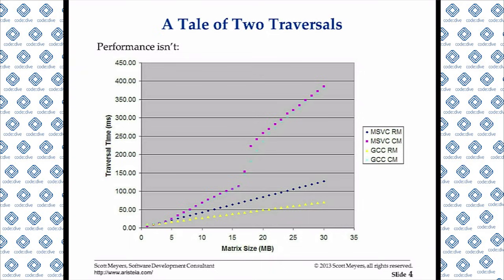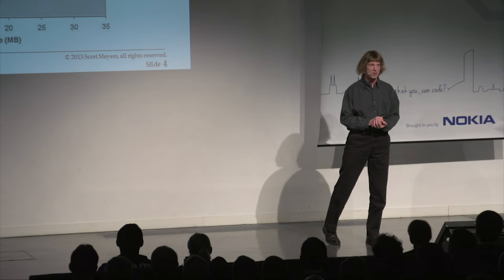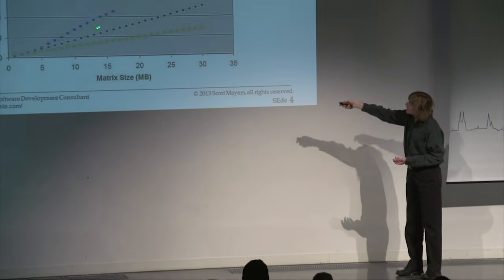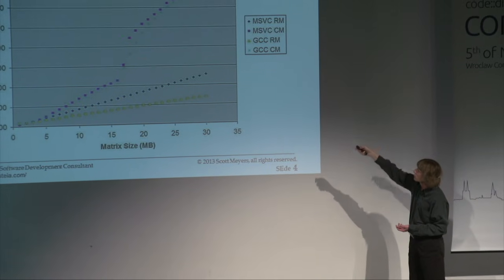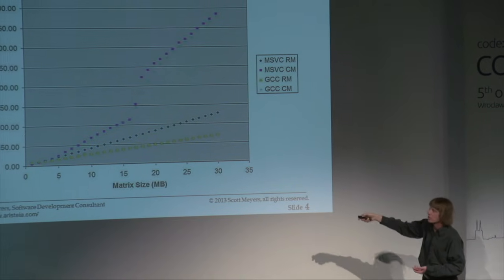What I did here was row major and column major traversals of matrices of various sizes using two different compilers. One of them happened to be GCC, one of them happened to be Microsoft C++ compiler. These lines here correspond to column major traversals. Given that this is time, higher lines are worse.